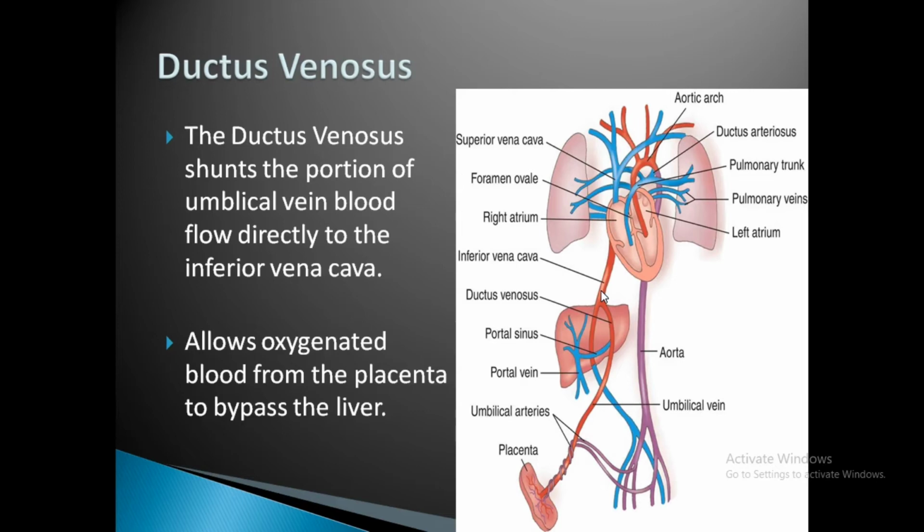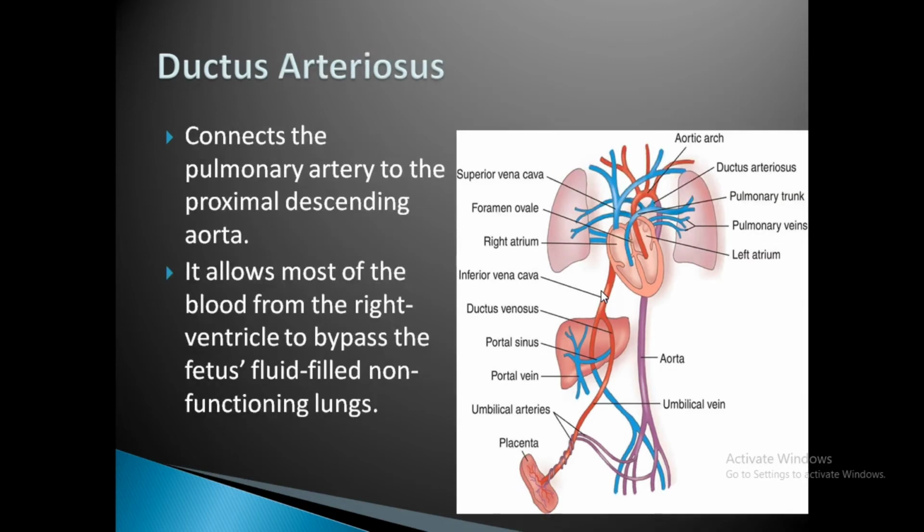Now, the second shunt is the ductus arteriosus. You can see in the picture, this is the ductus arteriosus. It connects the pulmonary artery to the proximal descending aorta. This is the descending aorta, and this is the ductus arteriosus connecting the pulmonary artery to it. So the ductus venosus connects the umbilical vein with the inferior vena cava, and the ductus arteriosus connects the pulmonary artery with the proximal part of the descending aorta.